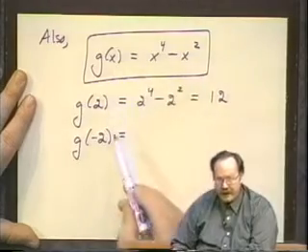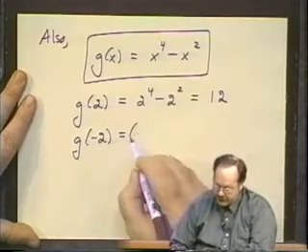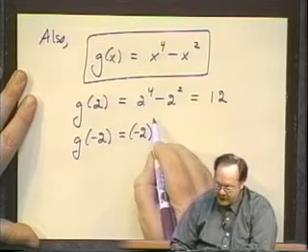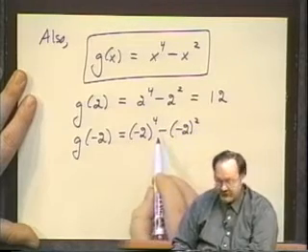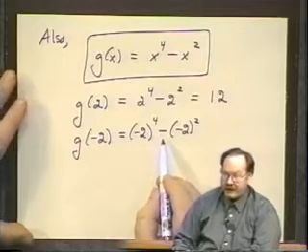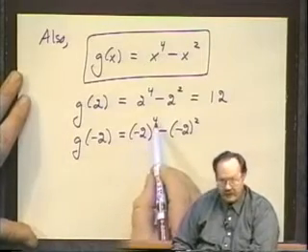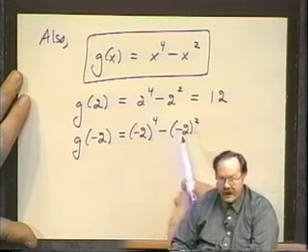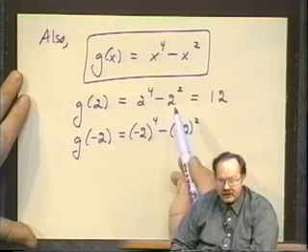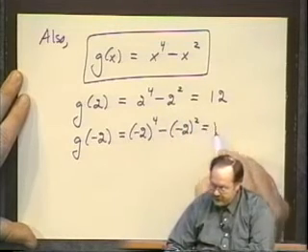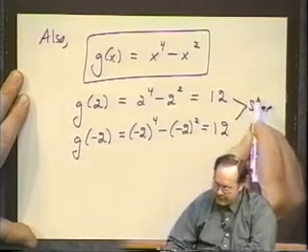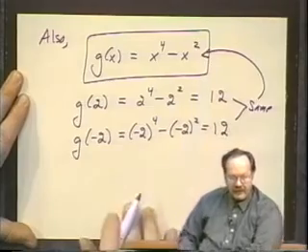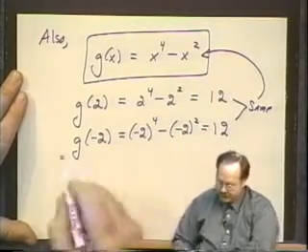I'm now going to fill the box with minus 2. So I have to again be careful with my parentheses. Minus 2 to the 4th minus minus 2 squared. See, there's already a minus here, so we do have to be careful. Well, minus 2 to the 4th is the same thing as 2 to the 4th. And minus 2 squared is the same thing as 2 squared. So I end up with the same result, 12. Again, these are the same. And please note that all the powers involved here are even.